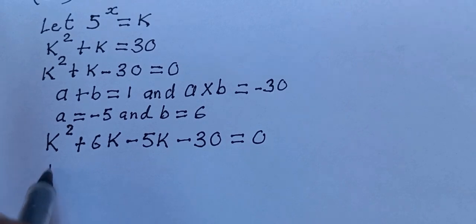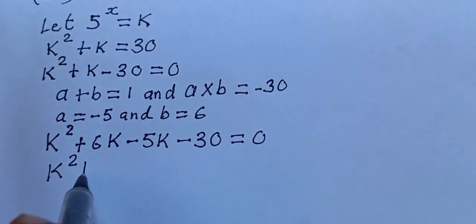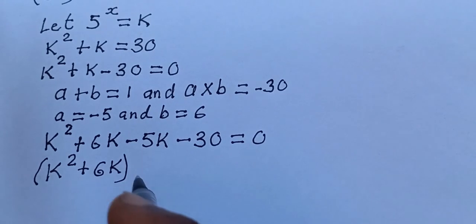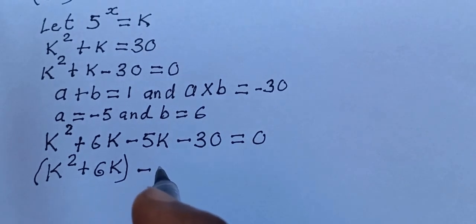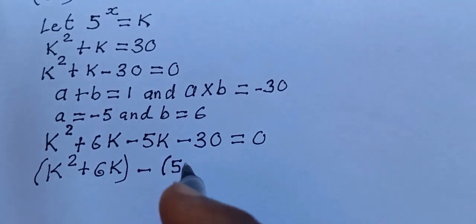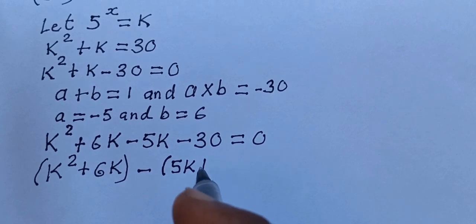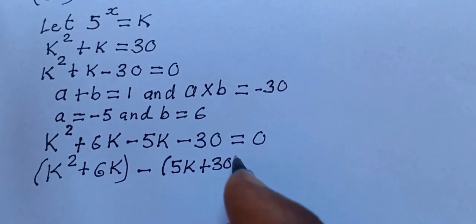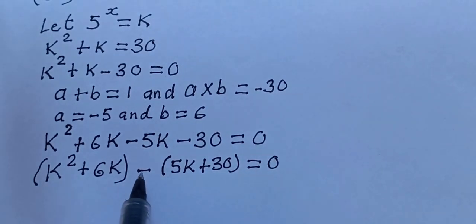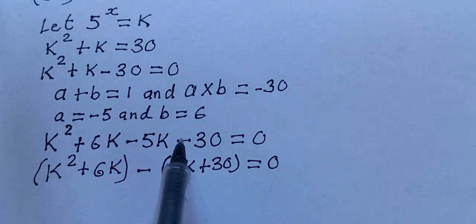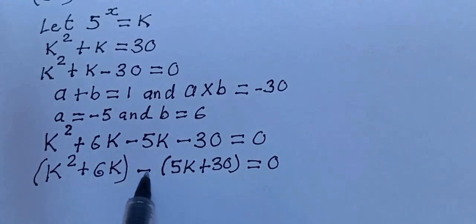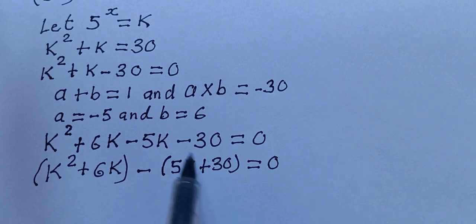So we have k squared plus 6k in the bracket, here we have negative, in the bracket, 5k plus 30 in the bracket, equals 0. Bear it in mind, since there is negative sign outside, this sign is supposed to change. It will no longer be negative, it will be positive, because we know negative times positive, the answer is negative.